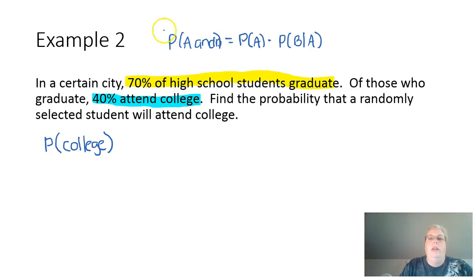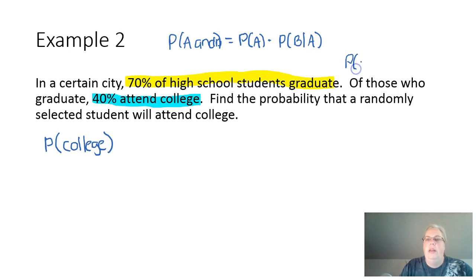Now, notice the way this is worded. Of those who graduate, 40% will attend college. Another way to say this is that the probability of going to college, if you know they've graduated, is 40%.